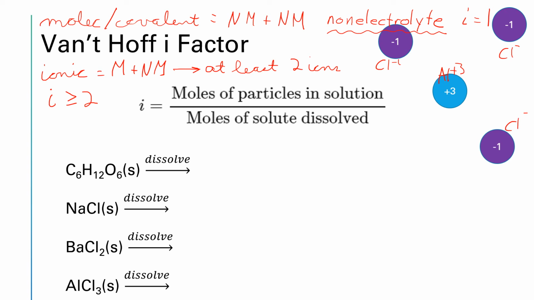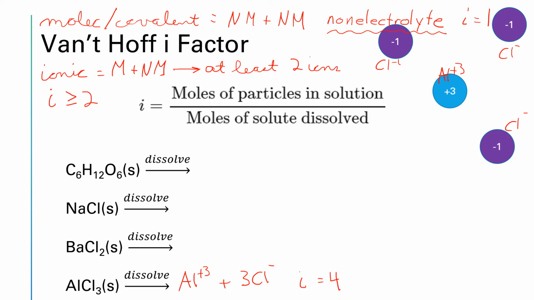And when aluminum chloride dissolves, for every 1 mole of aluminum chloride, we're going to have 4 moles of particles. 1 of those is aluminum and 3 of them are chloride. So in this case, let me just fill in this equation. AlCl3 solid dissolves. We're going to get an Al +3 plus 3 chlorides, and that's going to mean that our I factor is equal to 4. 3 chlorides plus 1 aluminum gives us 4.